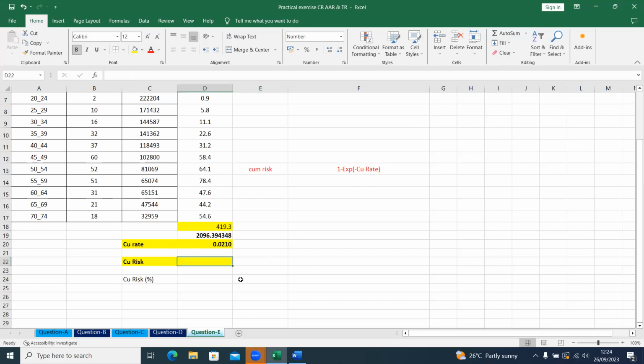So it is equal to 1 minus type EXP, exponential, open bracket, minus cumulative rate, bracket close, press enter. Now is it clear, Annabella? Yes, thank you. Okay. I hope you got the same answer.